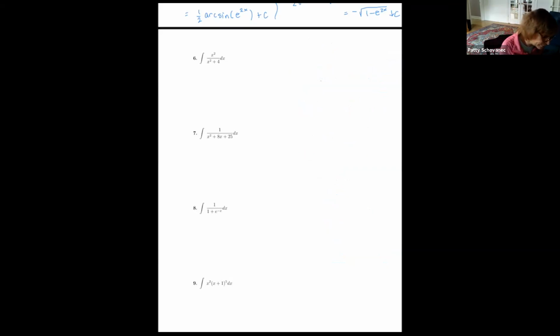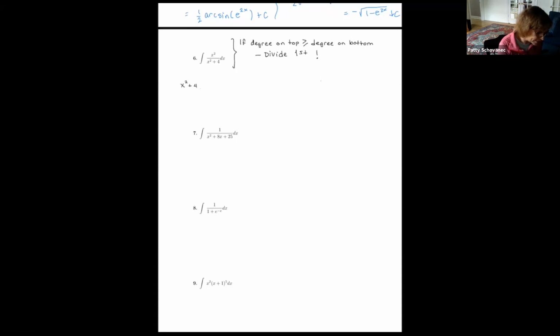So we're going to make that a general rule. If the degree on top is greater than or equal to the degree on the bottom, we have an improper fraction, and you should divide first, if you remember your polynomial division. It's a one-step division. The one on the bottom is the divisor.